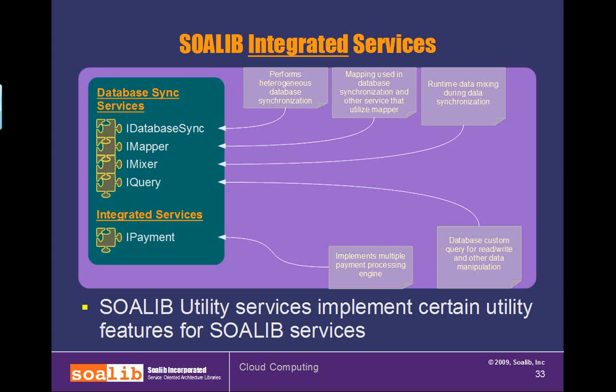This is the mixer operation which can be used during synchronization. You do not have to physically have the column in the targets. You have to have the column, but you do not have to store the values there. The SOALIB synchronization API will provide you the computation and store the results there.